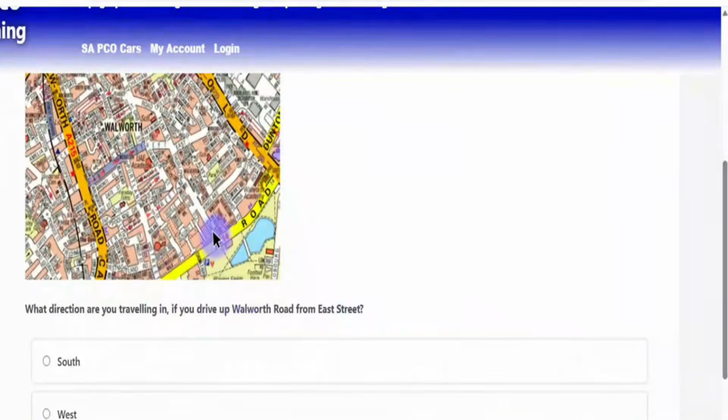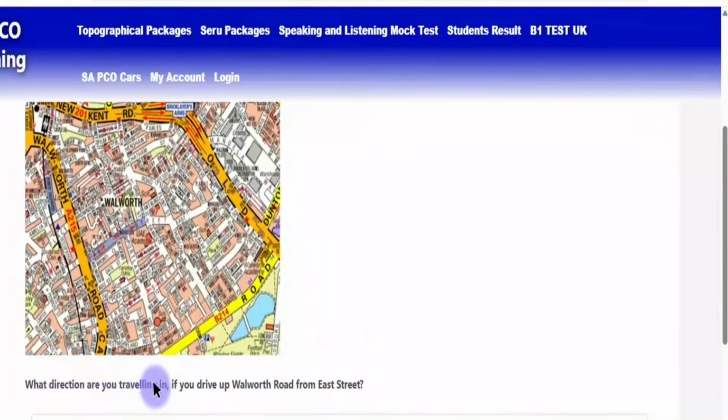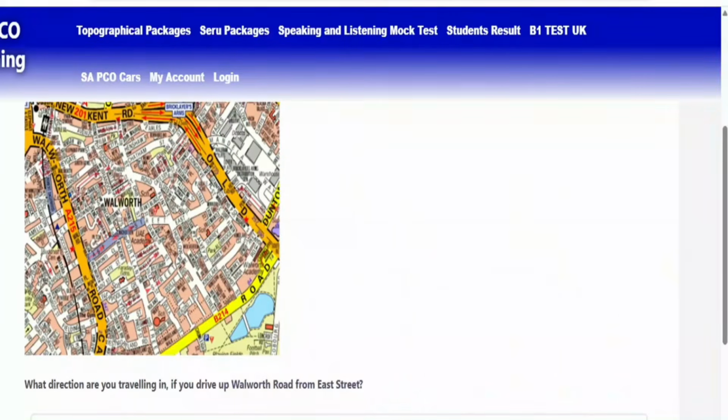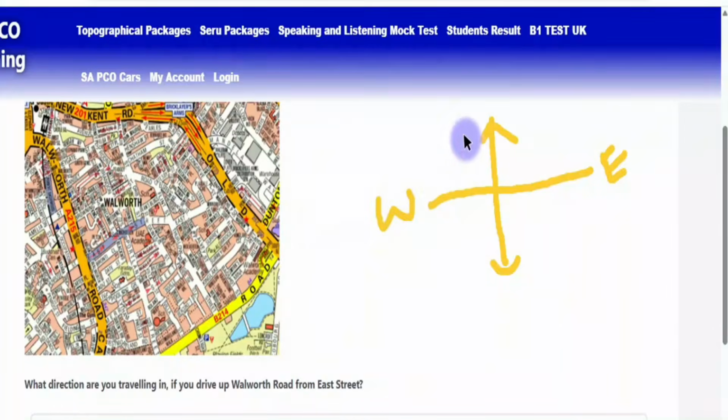These are very, very important questions. Which direction are you traveling in if you drive up Walworth Road from East Street? Nowadays they give you this compass. I'm going to draw here and explain what I said before. This is east, west, and this is north and south.